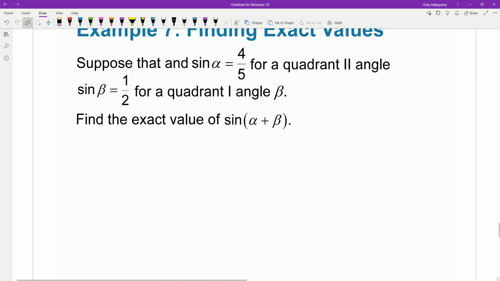Okay? What do we do first? We apply the formula. And sine says, the trig functions are different. So it's sine alpha cosine beta. But the sign in between stays the same. So it's plus. And then cosine alpha sine beta. And next I'm going to evaluate. Evaluate means I'm going to have parentheses wherever I have a trig function.